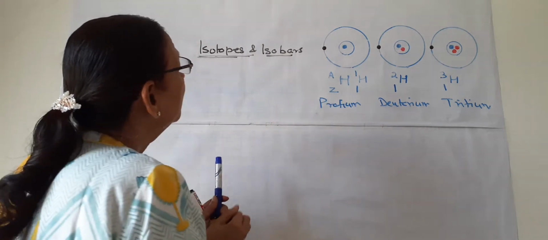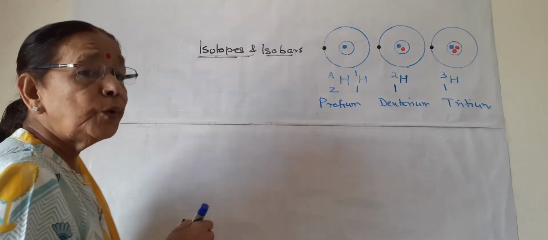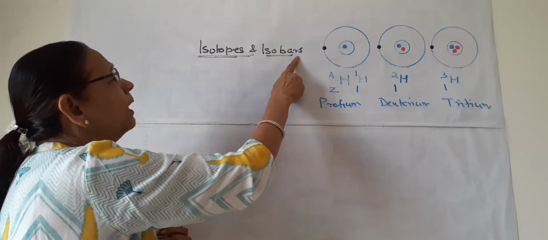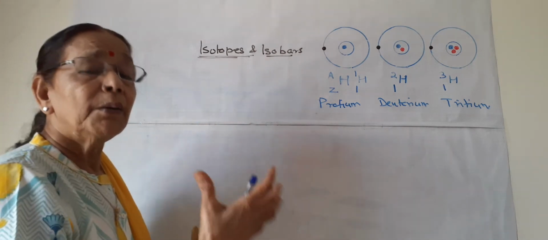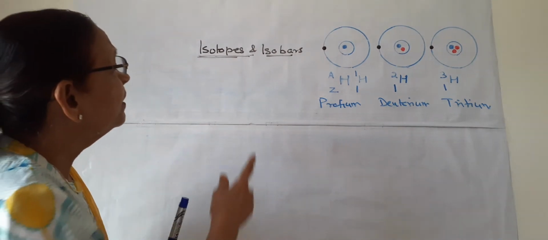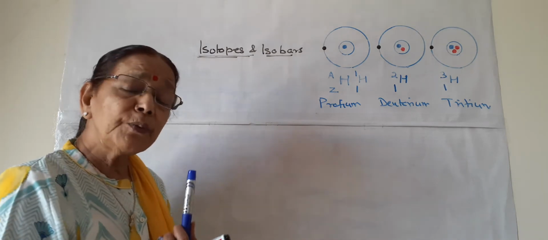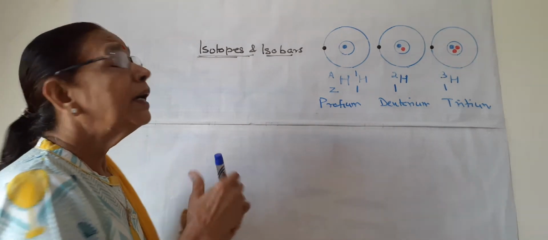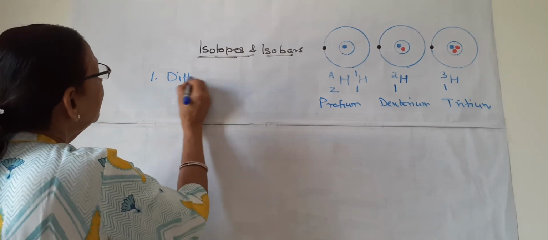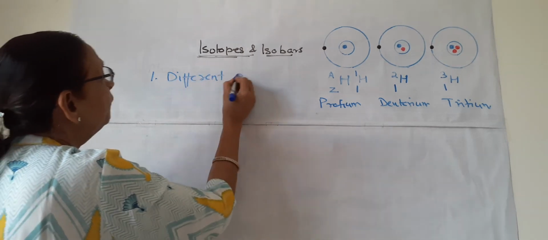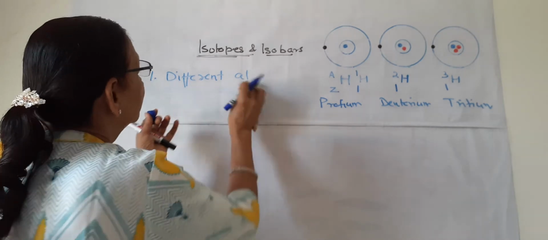Isobars are altogether different from isotopes. Iso means same and bar is for mass, meaning they have the same mass. So what is the definition of isobars? Isobars are the atoms of different elements.